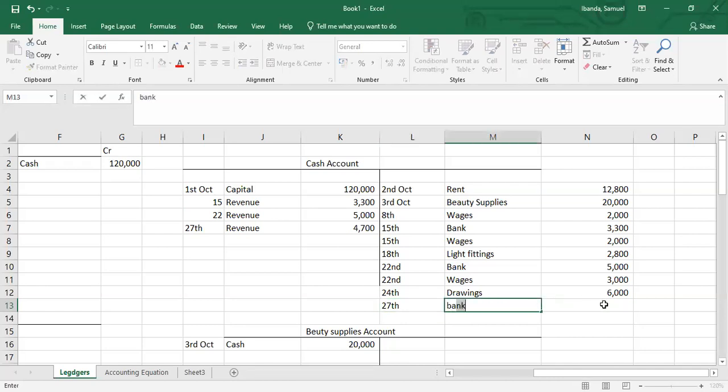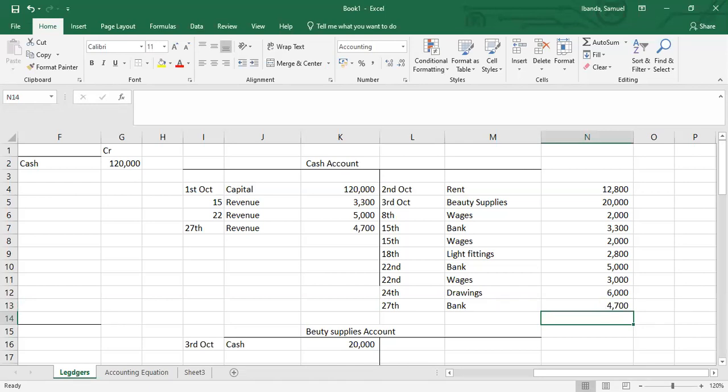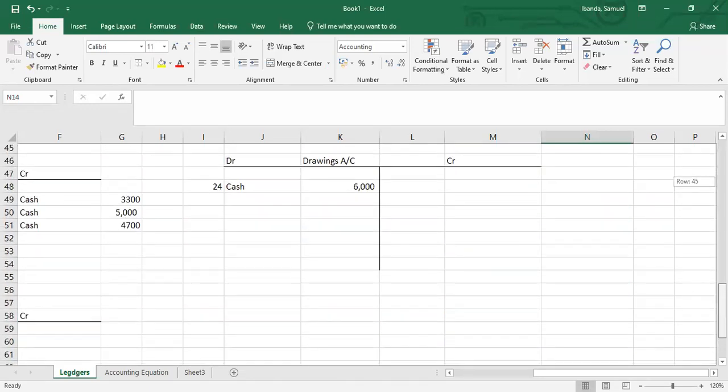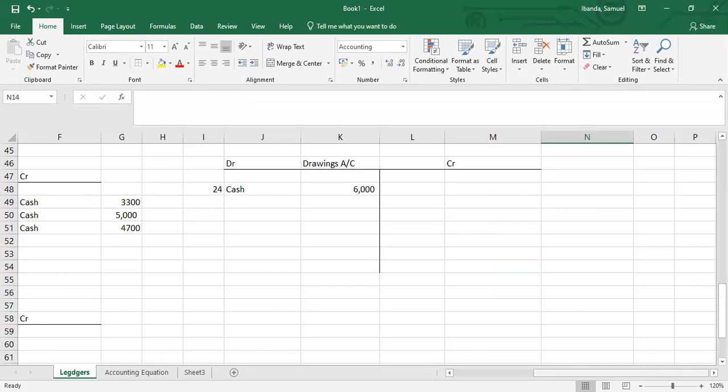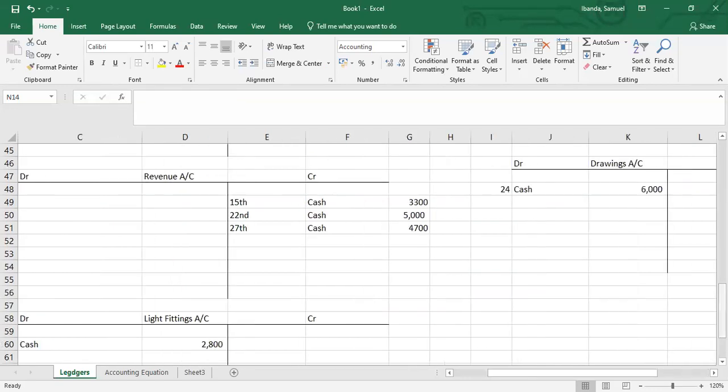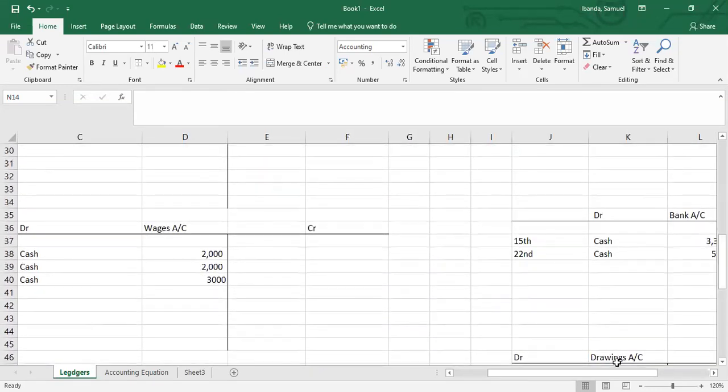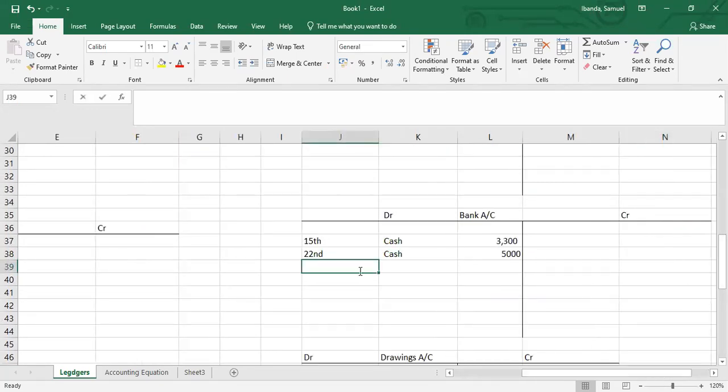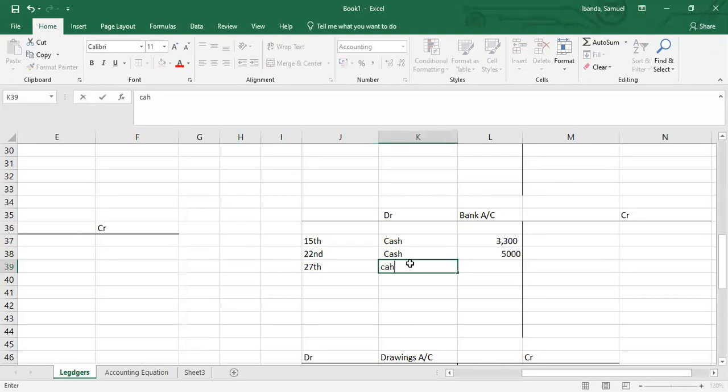Bank 4,700. Run to your bank account and update that as well. Cash on 27th, 4,700.